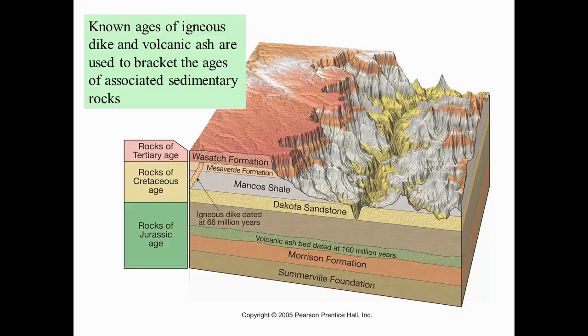So what can we say about its age? It's younger than 66. Yeah. The Wasatch was deposited after emplacement of that igneous dike. So the Wasatch Formation has to be younger than the dike. And that's what's meant by bracketing the ages of sedimentary rocks.